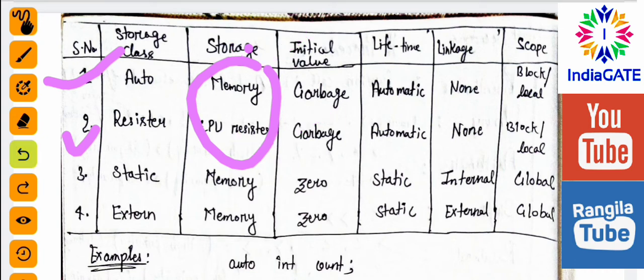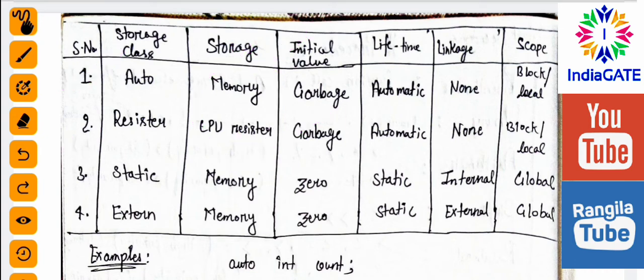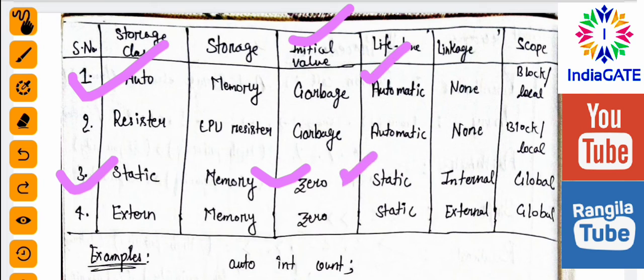As well as there are differences between the others, like auto and static. Based on the initial values, it is garbage in the case of auto, but in the case of static it is 0. Lifetime is automatic in the case of auto, but static lifetime is used in the case of static.